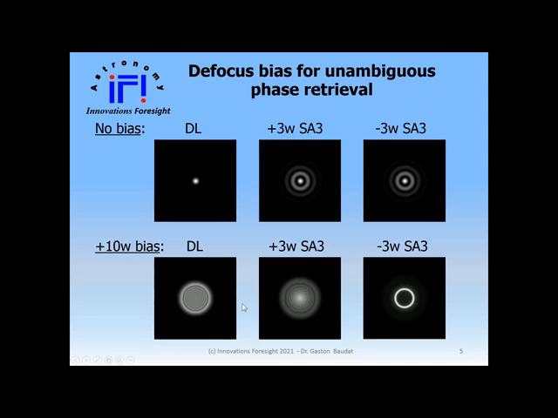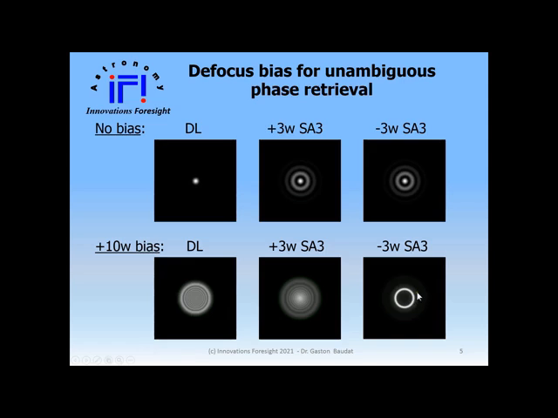So let's see what happens if I now add +3 waves of spherical like I did before. Well, you can see now I have a blurred version of this one, a little bit bigger, with some gradient of intensity. It's a bit brighter in the center than at the edge. And if I add -3 waves, I get a totally different picture with a pretty bright ring here, and everything is tighter.